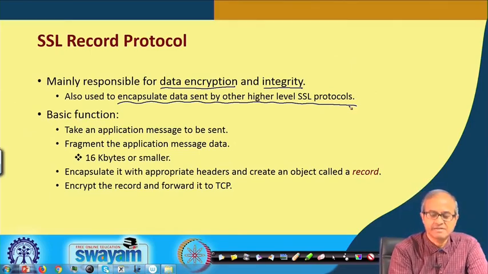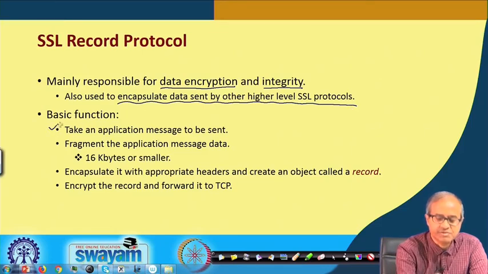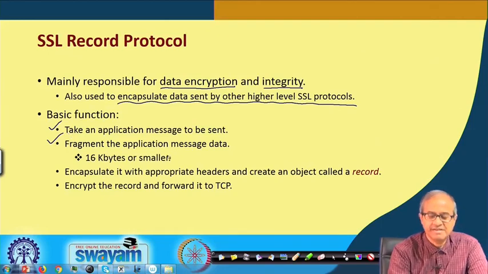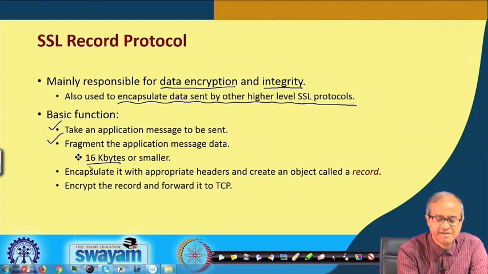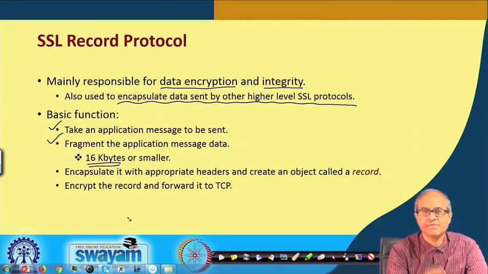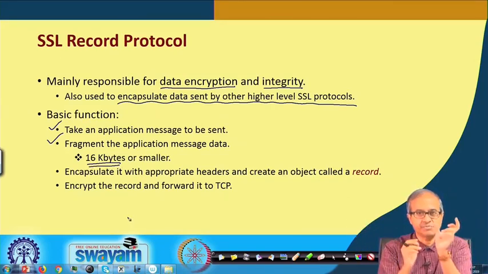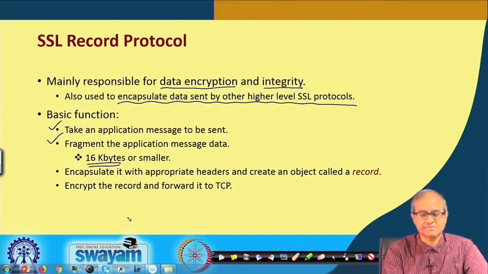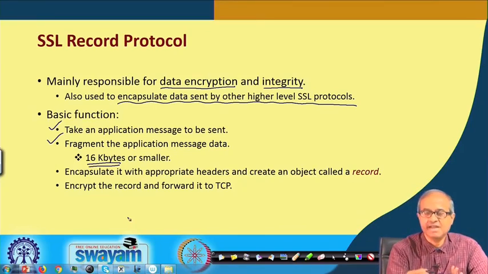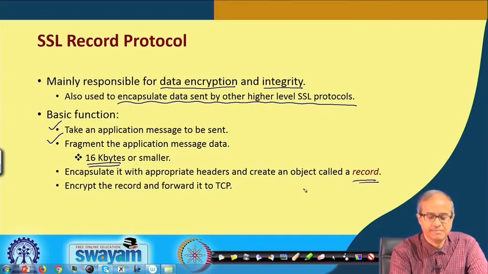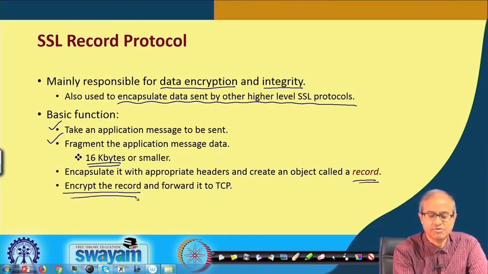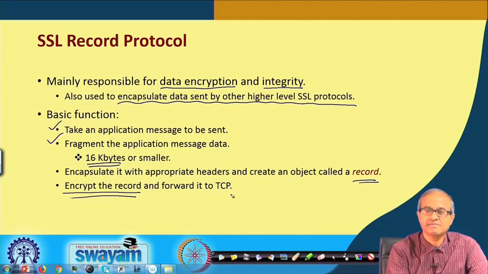The basic functions are, it takes a message to be sent and, first, fragments the message into smaller chunks. The chunks for SSL are defined as 16 kilobytes. So, if the message is larger, it is broken up into 16 kilobyte pieces, and each of these is handled in a certain way, with headers encapsulated to create a record, then the record is encrypted and forwarded to TCP for delivery.